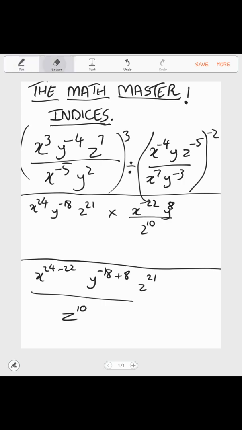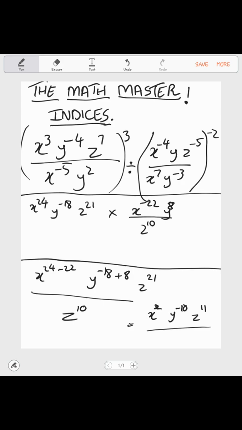And the final answer can be written as x squared. What is minus 18 plus 8? It is minus 10. x squared y to the power minus 10, z to the power 21 minus 10, which becomes z to the power 11. This is your final answer, which is x squared y to the power minus 10 z to the power 11.